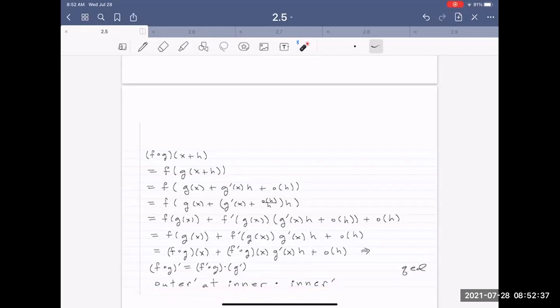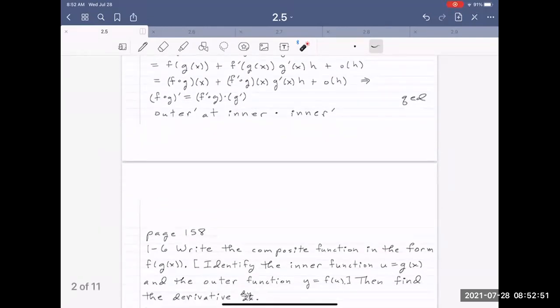It's equal to the derivative of the outer evaluated at the inner times the derivative of the inner. So let's do some examples.